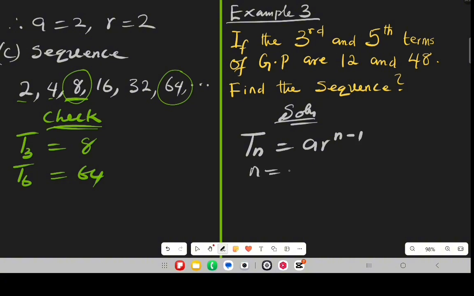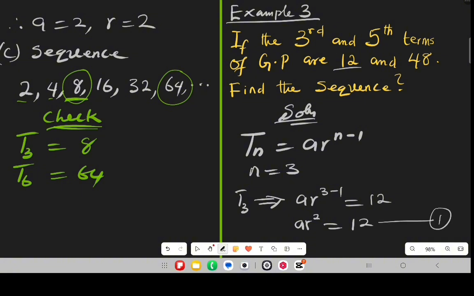When n is equal to 3, T3 implies ar raised to the power of 3 minus 1, which will give us 12 from the question. Then if we move further, we have ar raised to the power of 2, because 3 minus 1 gives us 2, equal to 12. We call this equation 1.